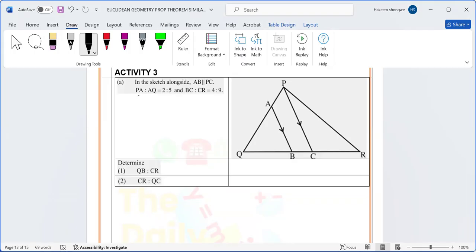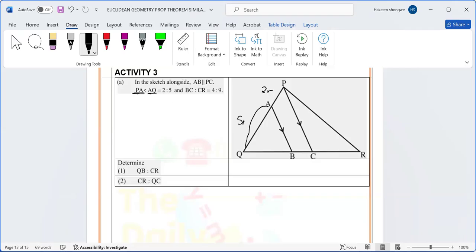Q5, QA. Q5R, 5R, this one. And then PA, 2R, 2R.